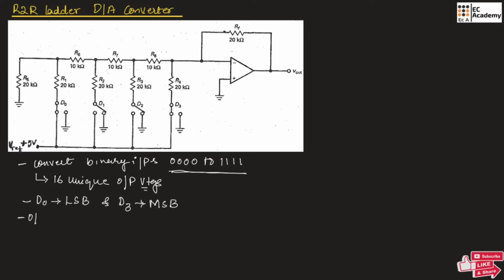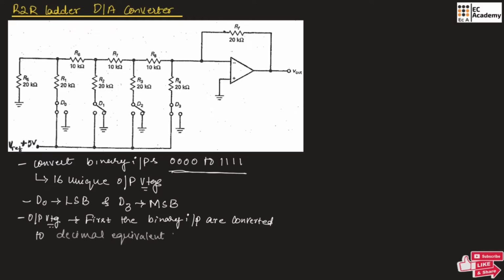To obtain the output voltage, first the binary input is converted to its decimal equivalent value. So we can use the formula: binary input B in is equal to D0 into 2 to the power of 0 plus D1 into 2 to the power of 1 plus D2 into 2 to the power of 2 plus D3 into 2 to the power of 3.